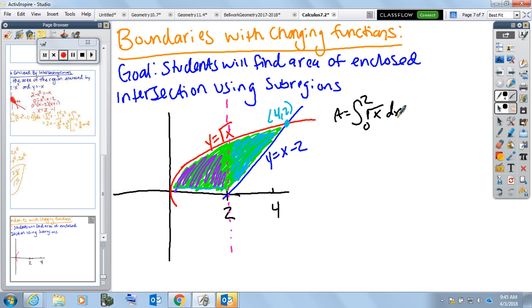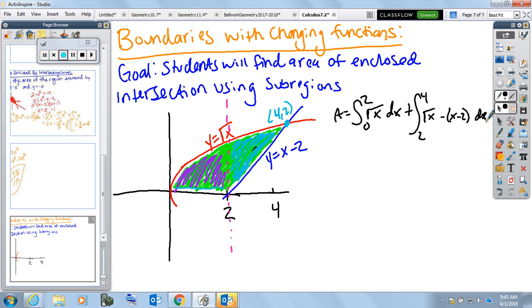And then we will now add the other half of things. And now from 2 to 4 becomes our area between the two curves. So now it's the root of x minus (x minus 2), all dx, right? Do we see that, guys? I hope we understand where we're all coming from with this.